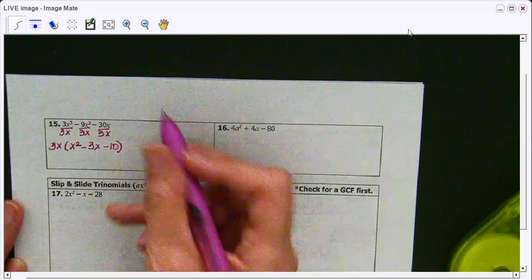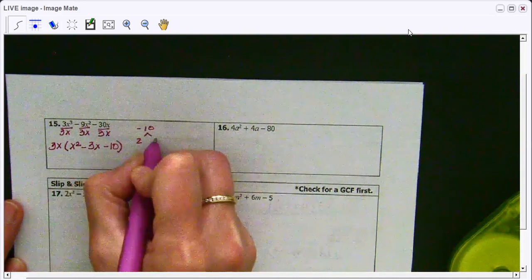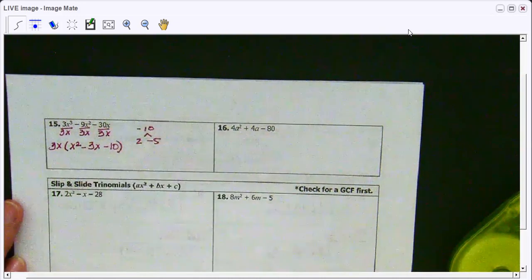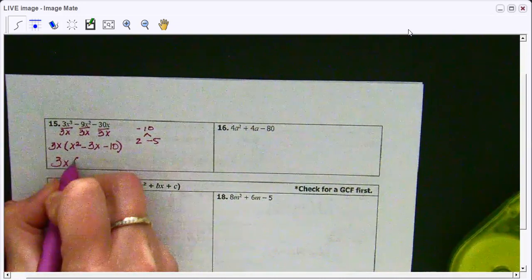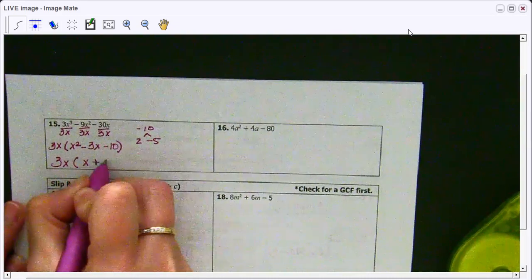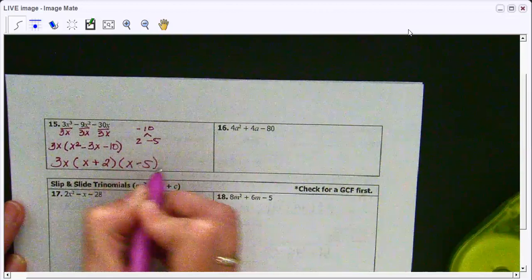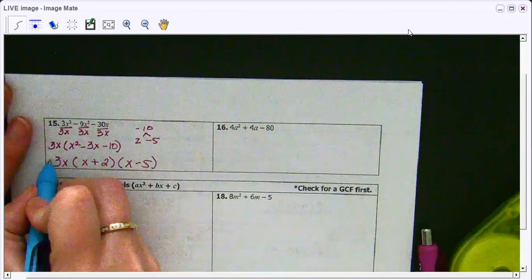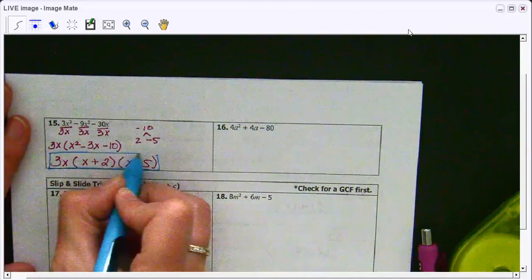So now I'm going to find factors of -10 that give me 3 and -3. So I have it right there. So my final answer... does that look right?